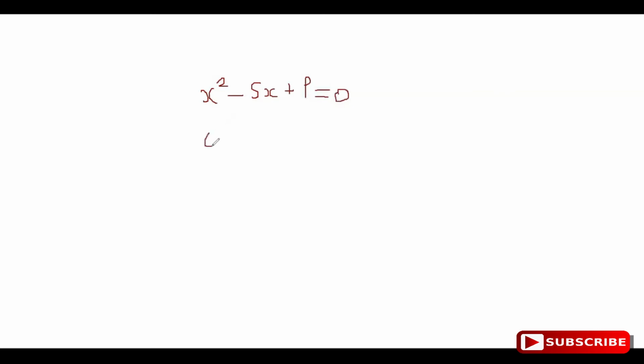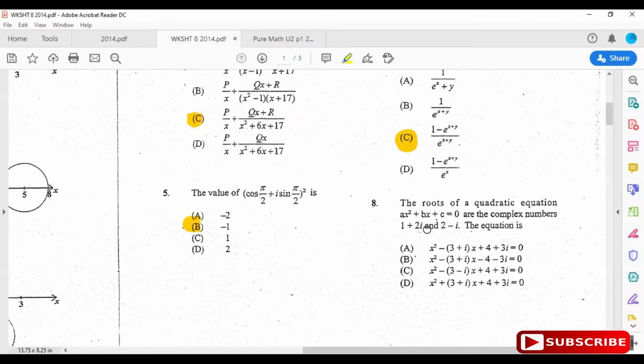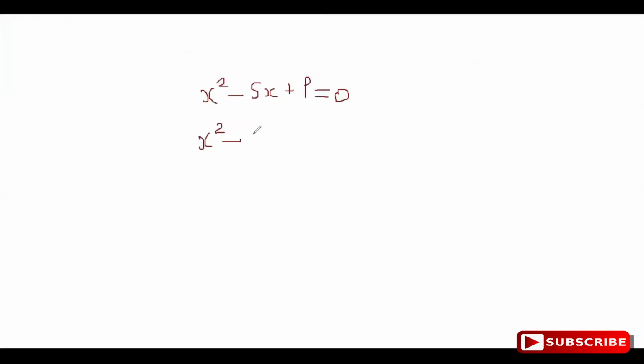And so it's really going to be x squared minus the sum of the two roots that they give us. So we need to add 1 plus 2i and 2 minus i. When we add them, 1 plus 2 is 3, 2i plus minus i is just positive i, so that is 3 plus i. So it becomes x squared minus 3 plus i times x.